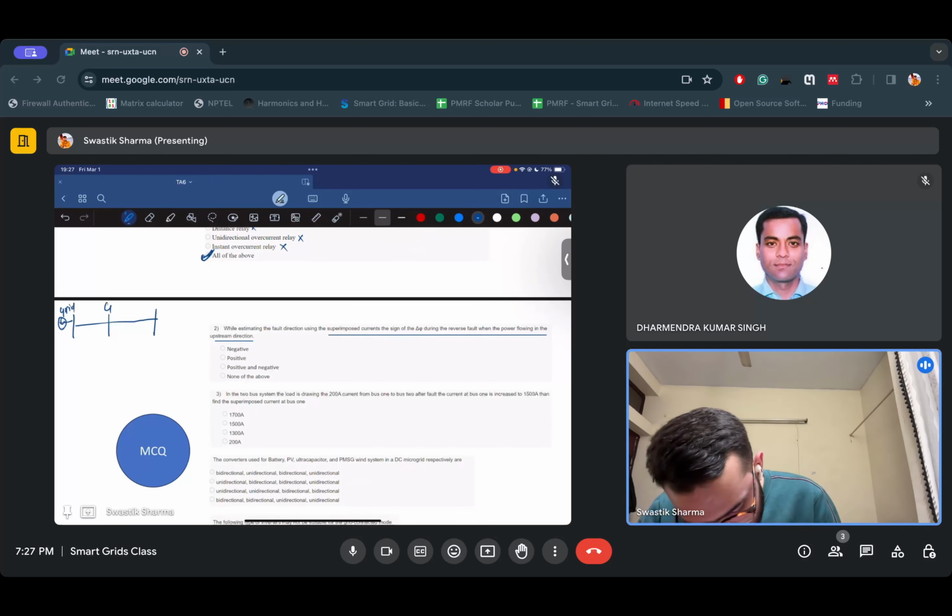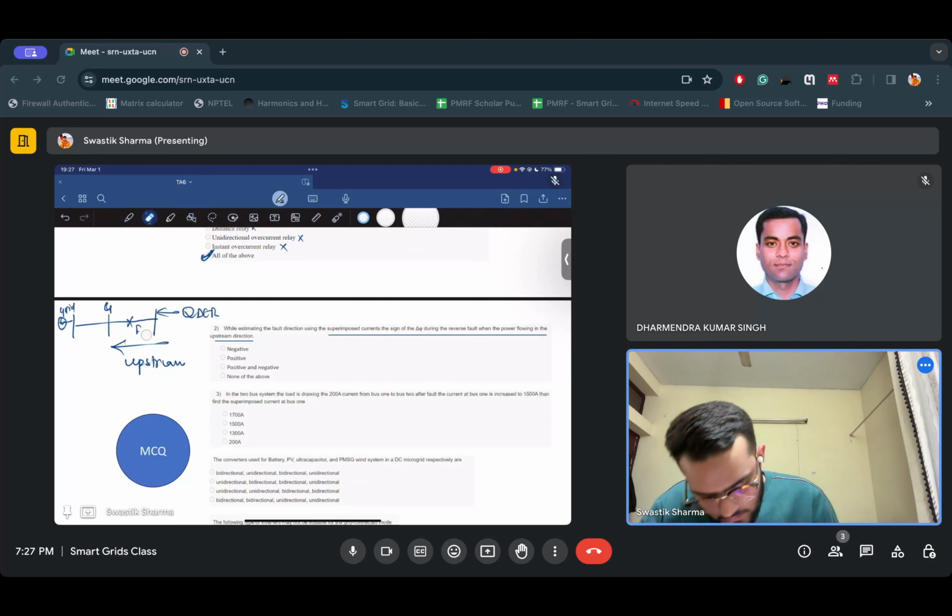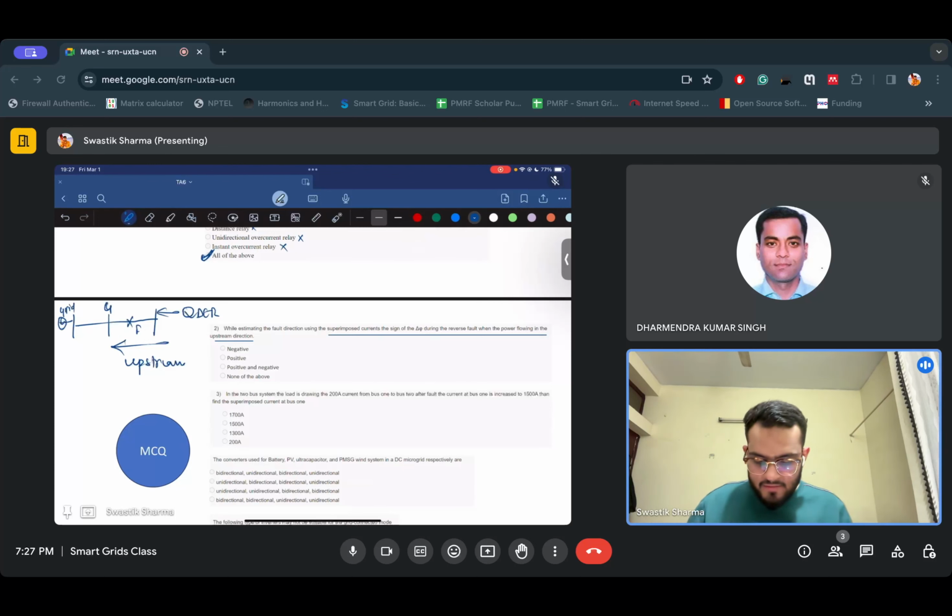This is where the relay is connected, and this is your DR, and the power is flowing upstream, and the fault occurs behind. That means here, fault. Now tell me, if this is the case, what would be the direction of phi?